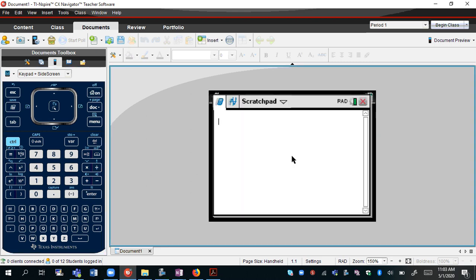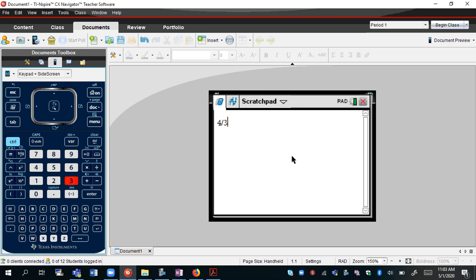So 4 divided by 3. Or if I hit Control Divide, I'll get the fraction, which sometimes people prefer. So 4/3, then times the radius, in parentheses, 6 to the third. This caret key will let us raise it to the third. Hit enter, and we get 288.